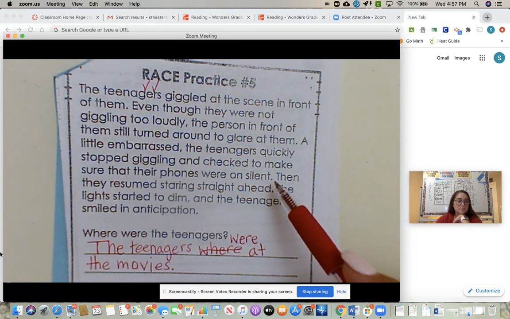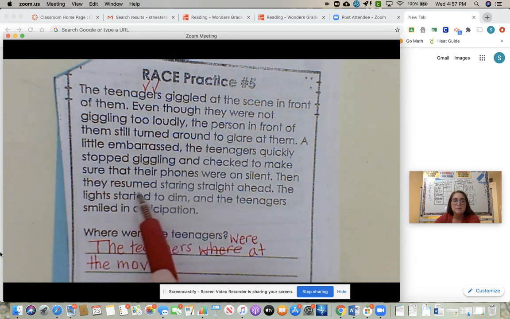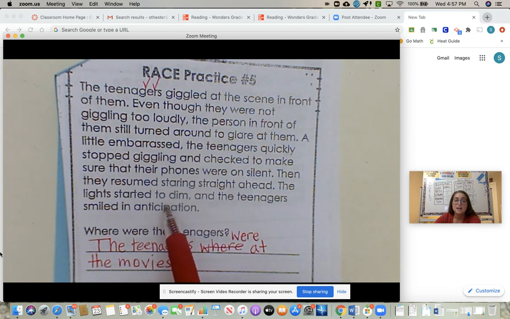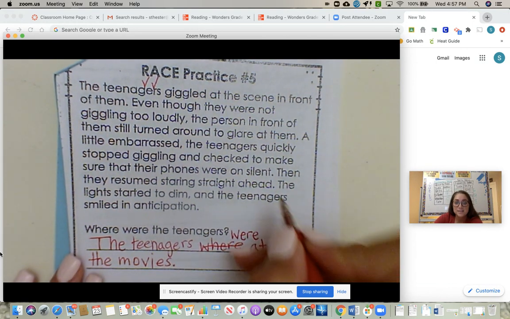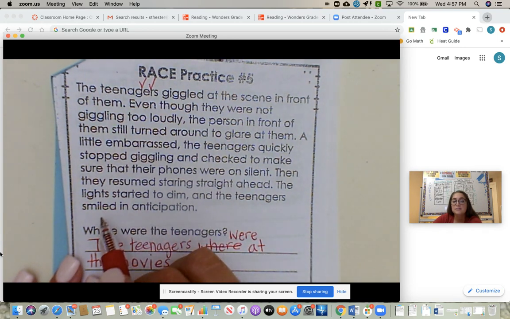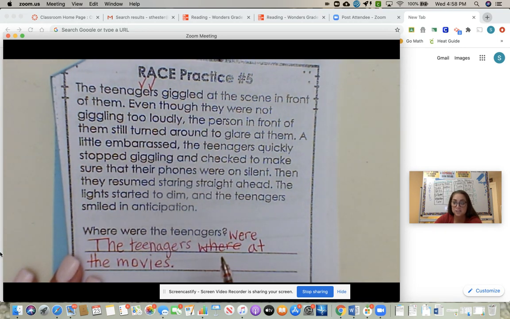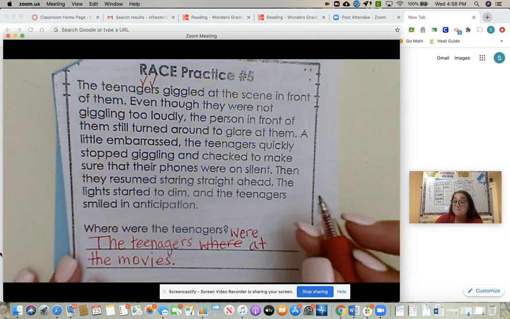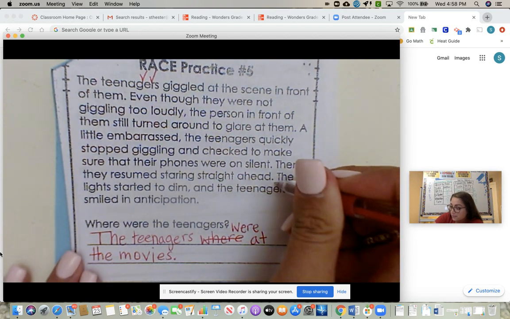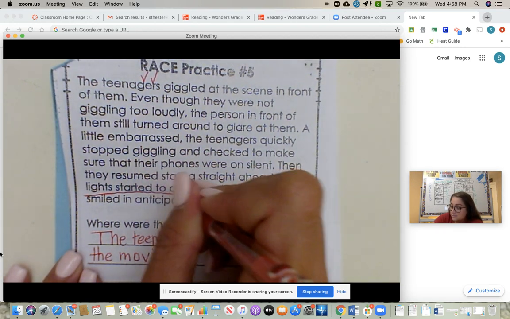And then I was starting to think about the movie theater. Then they resumed staring straight ahead. The light started to dim, and the teenagers smiled in anticipation. All right, so where I really knew it was the theater is when it said the light started to dim. Then the teenagers smiled in anticipation, so they're excited for the movie. So my big evidence, what I want to write, is the light started to dim.